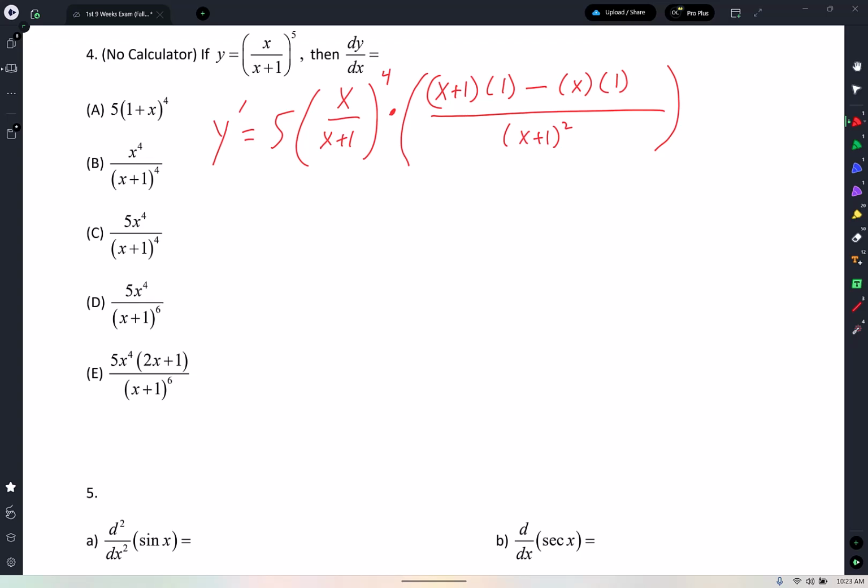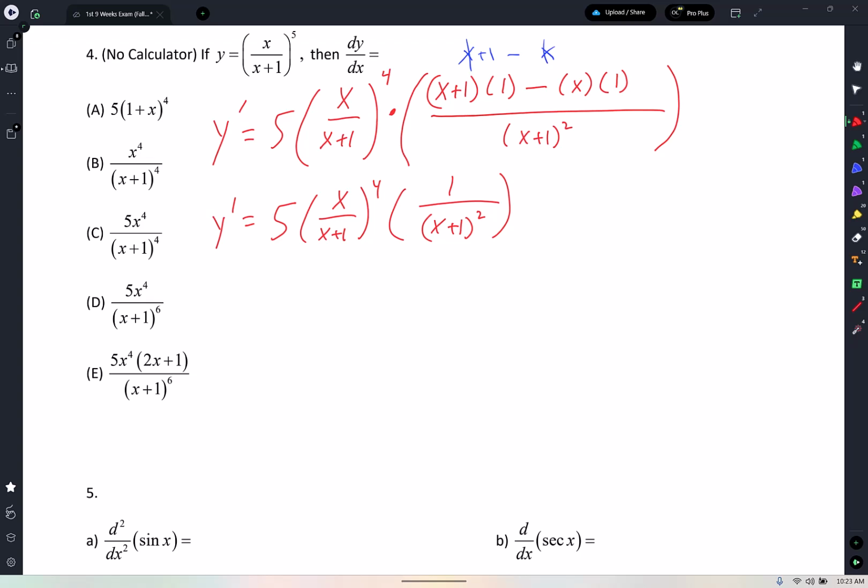First, the numerator of the quotient rule: x plus 1 times 1 is x plus 1, and x times 1 is minus x. Notice the x's zero out. So rewriting it: y prime equals 5, parenthesis x over x plus 1, to the 4th power, times 1 over x plus 1 squared.